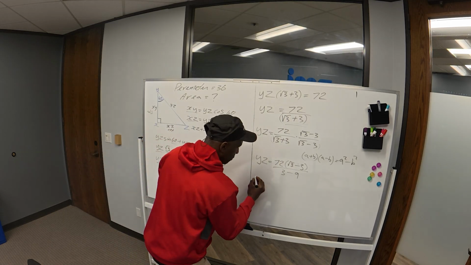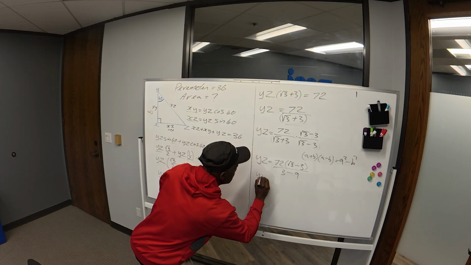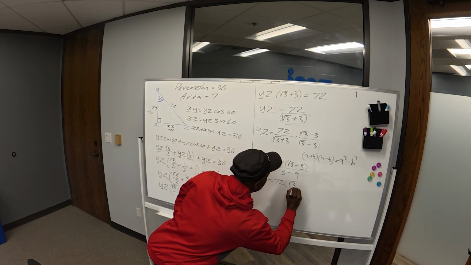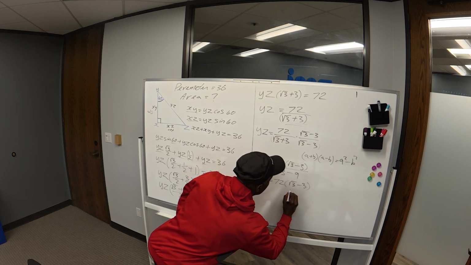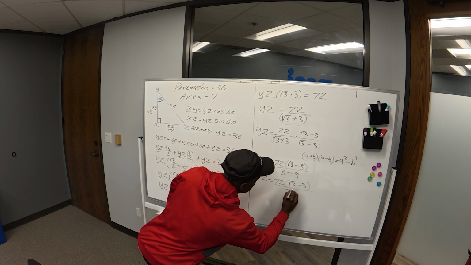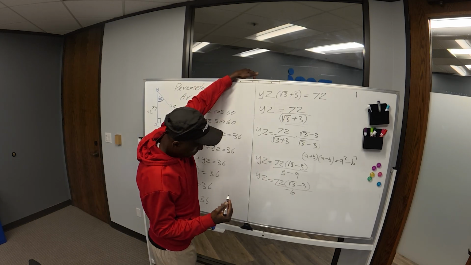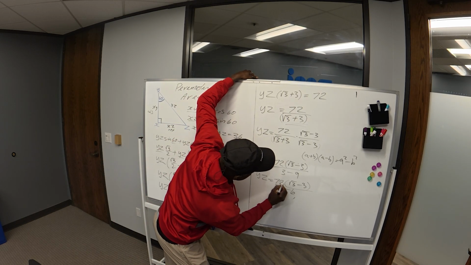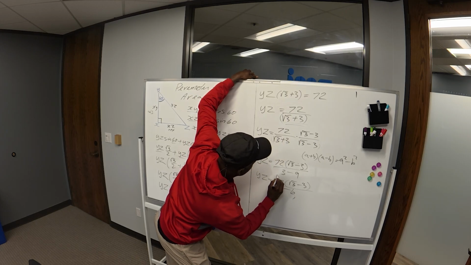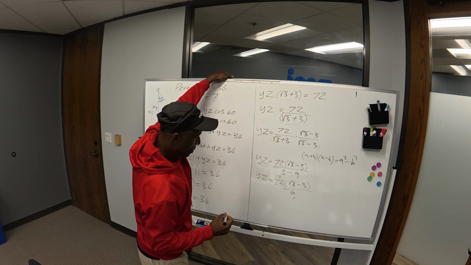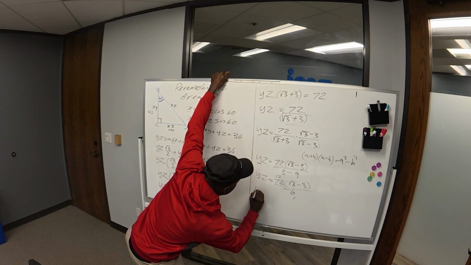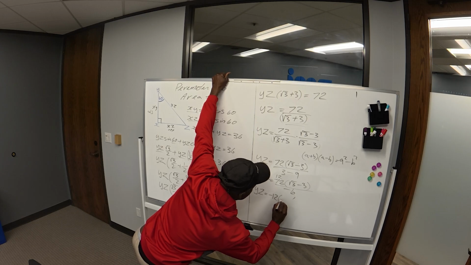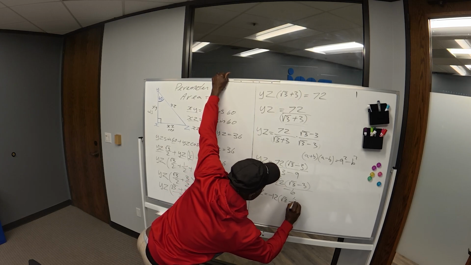So now we have YZ is equal to 72 outside of square root of 3 minus 3 over minus 6. 6 will go into 6 once, and 6 will go into 72 12 times. So now we are left with YZ is equal to minus 12 outside of square root of 3 minus 3.